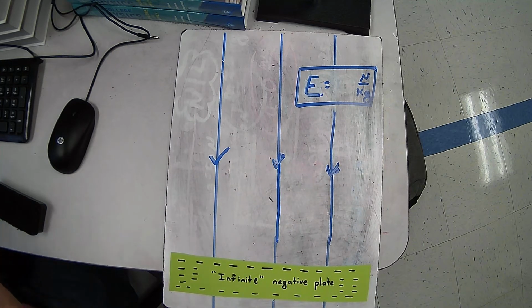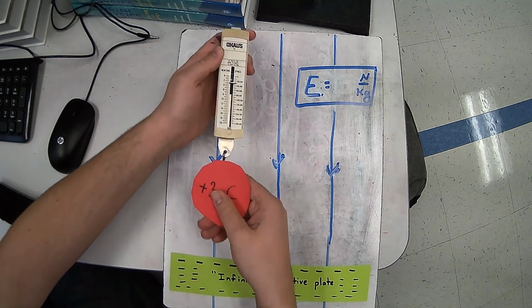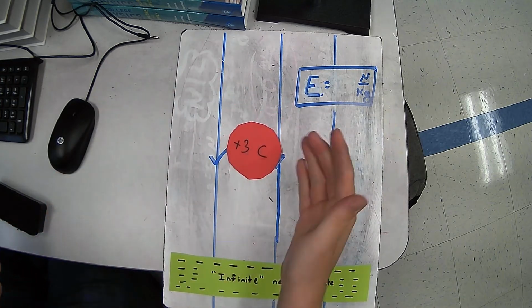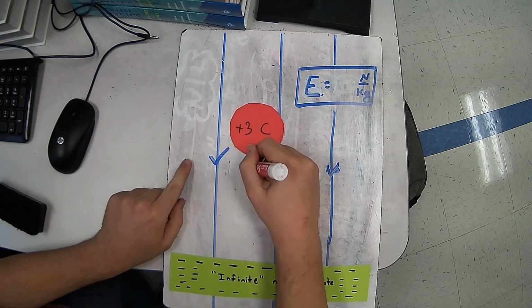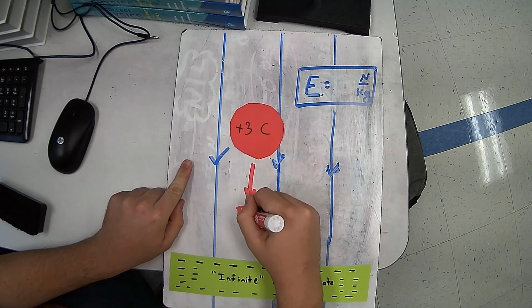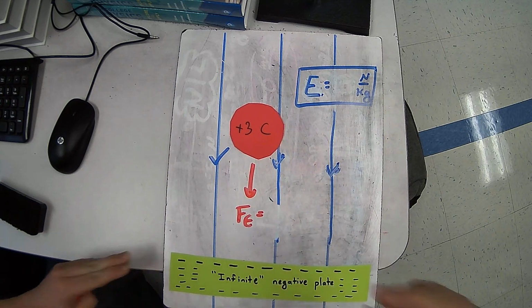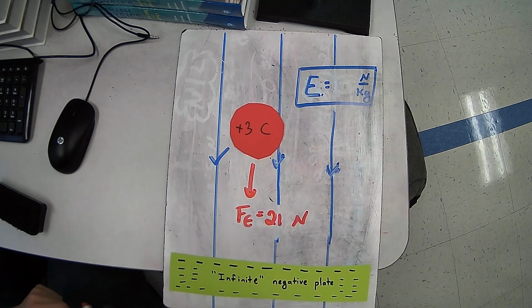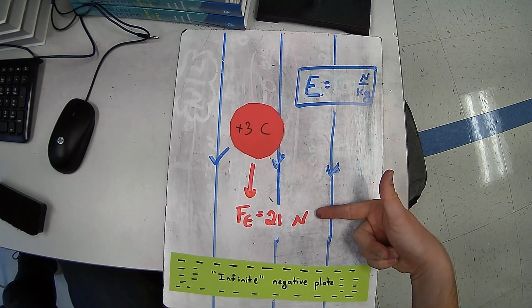Well, I could grab my spring scale again, and I could measure how much force this charge feels in that electric field. And so maybe we measure something like the electric force on this charged object attracted to this infinitely long plate ends up being 21 newtons. And so a 3 Coulomb object is feeling 21 newtons of force.